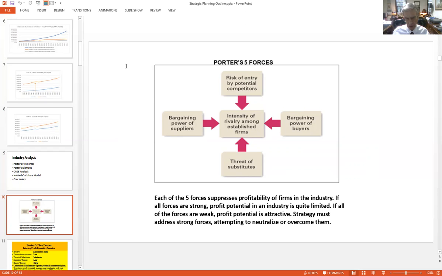Now, the next force that we want to think about is the potential of new firms coming into the industry. If the industry is still growing and it's relatively early in its life cycle, there's a good chance that other firms will want to get in.